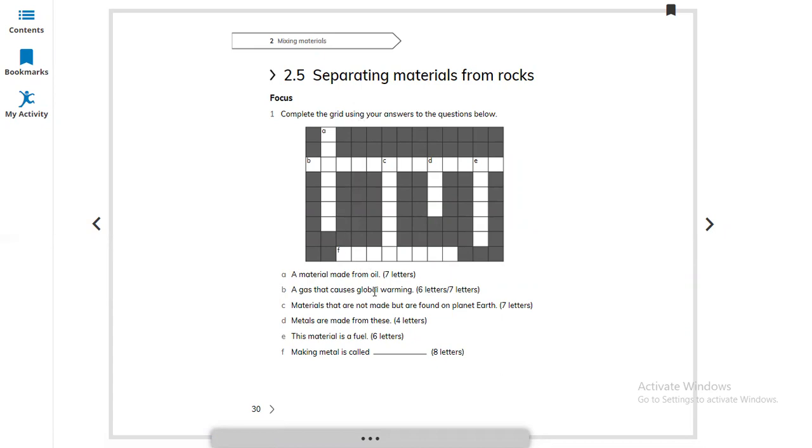A. So this one, plastic. I'm just writing here, it's better. So you can write in your book inside these boxes. It's plastic.